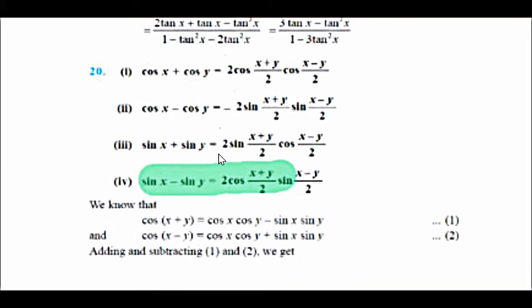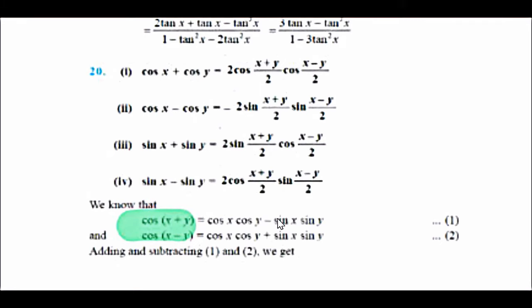As we have recalled by now, cos (x plus y) is nothing but cos x cos y minus sin x sin y, and cos (x minus y) is nothing but cos x cos y plus sin x sin y. Now you need to add these two, and then subtract these two.